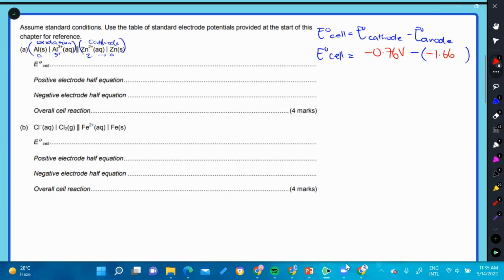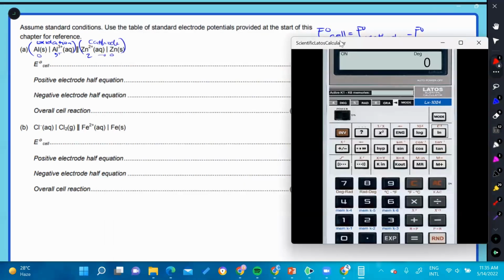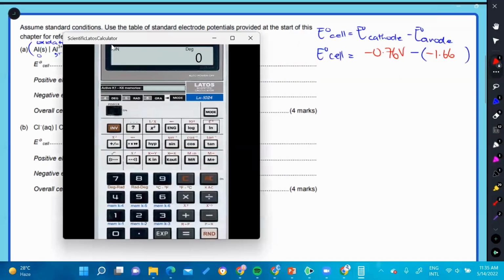Hold on. Let me pull up a calculator real quick and hope that it works. I haven't been using this much. Okay, so negative, put it in brackets, negative 0.76, minus 1.66. That doesn't seem right. Let me use another calculator and check that's what you're supposed to get.